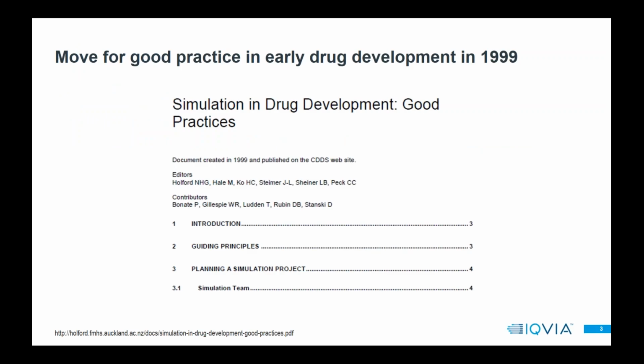Our attempt in the PSI Special Interest Group was not the first by any means to come up with good practice in modeling and simulation. There's a quite well-known paper in 1999 with some extremely well-known authors, which proposed good practices for simulation in drug development.